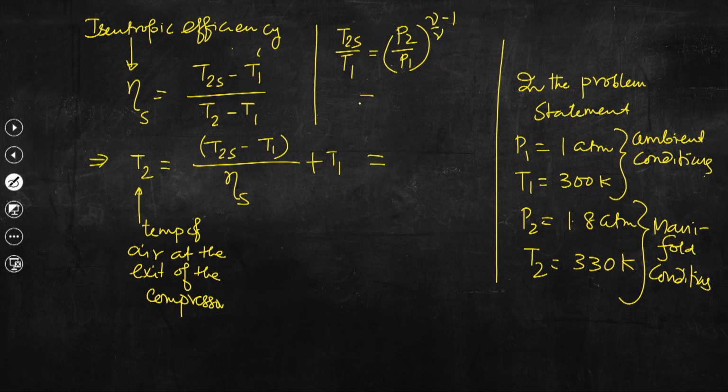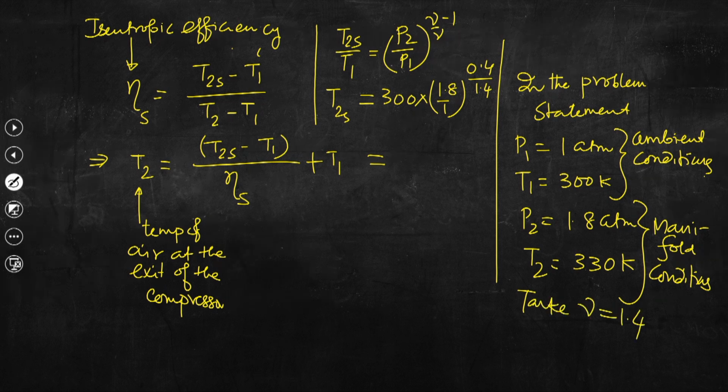So, if we plug in the value of T1, that equal to 300, and P2 by P1 equal to 1.8 by 1 power gamma minus 1 upon gamma, that is 0.4 by 1.4, taking gamma equal to 1.4, then we will be getting T2s equal to 354 Kelvin.